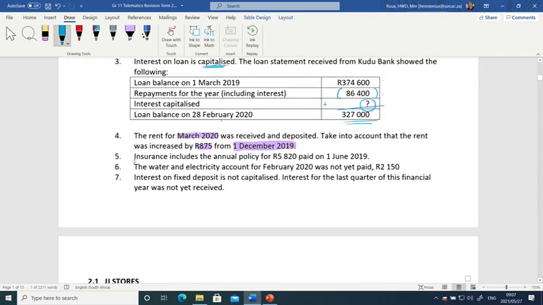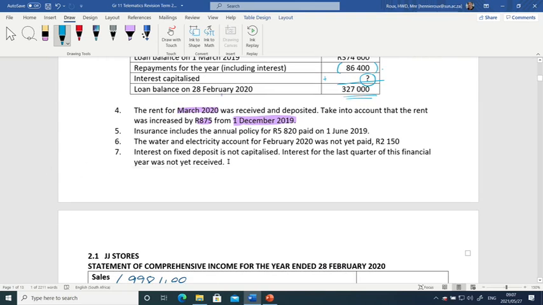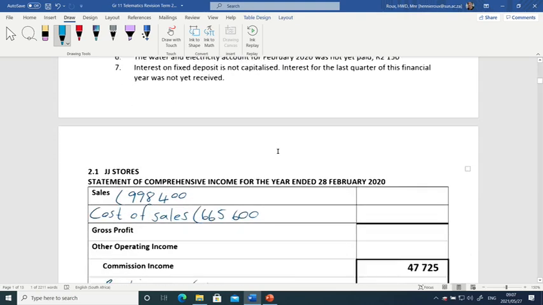Number 5, insurance includes the annual policy for 5,820 paid on the 1st of June. Now again, if we look at our financial year, it starts on the 1st of March, ends on the 28th of February 2020. But we've paid an annual policy on the 1st of June.